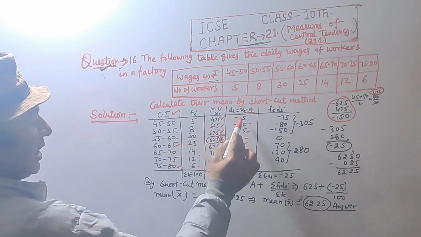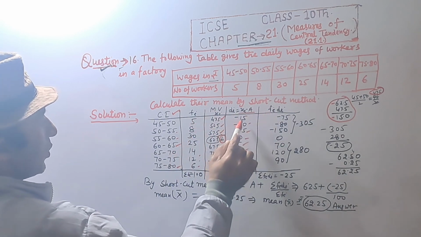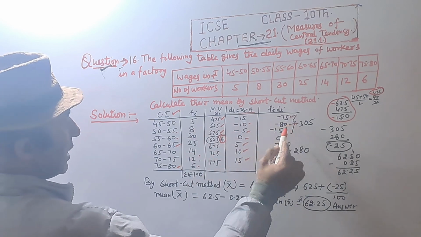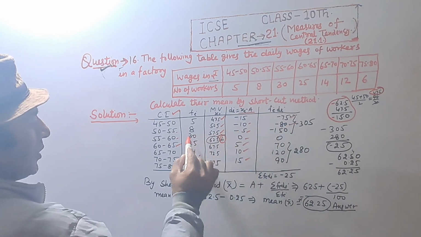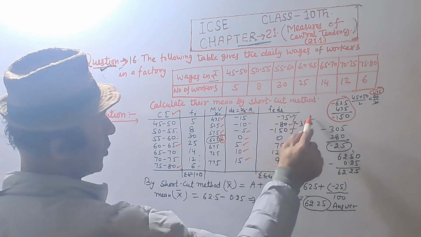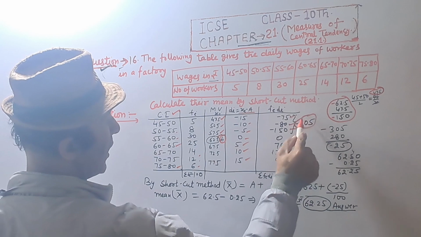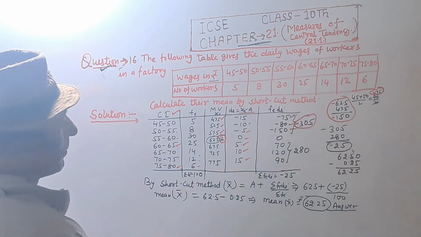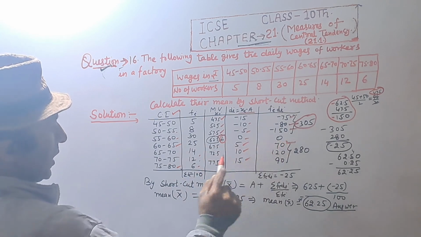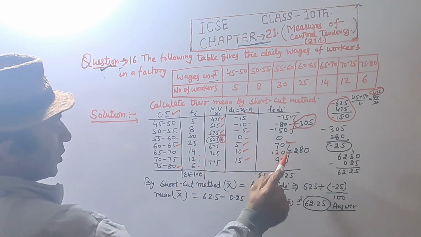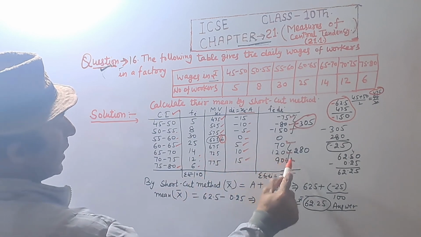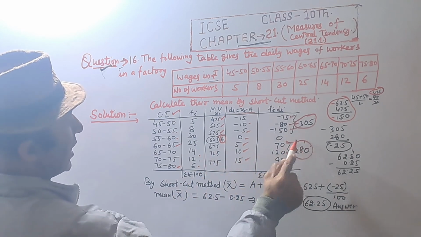So fi di equal to: 15 5s are 75 negative, 10 8s are 80 negative, and 5 into 30, that is negative 150, and their sum equals minus 305. 14 multiplied by 5 equals 70, 12 multiplied by 10 equals 120, and 6 multiplied by 15 is 90, and their sum equals 280.